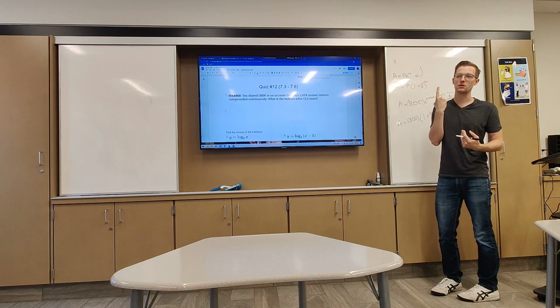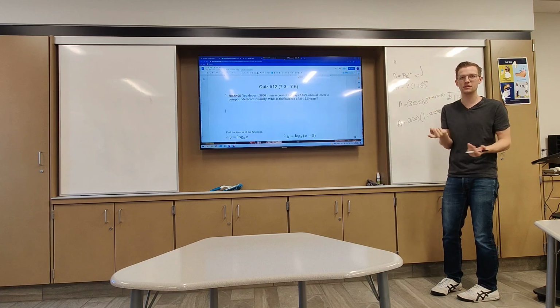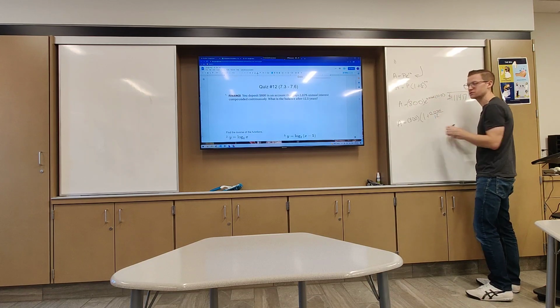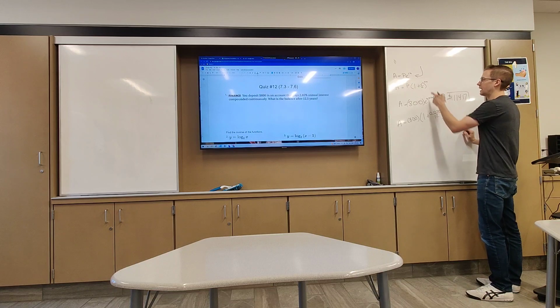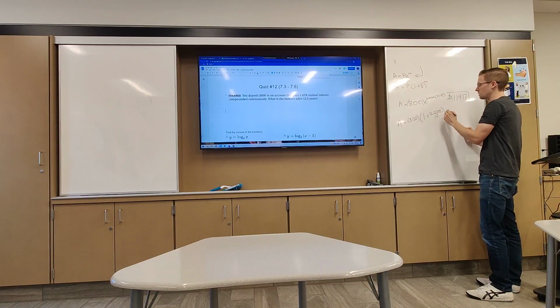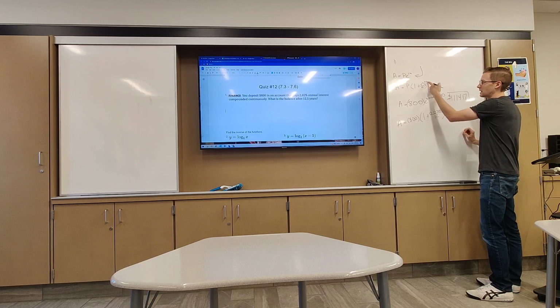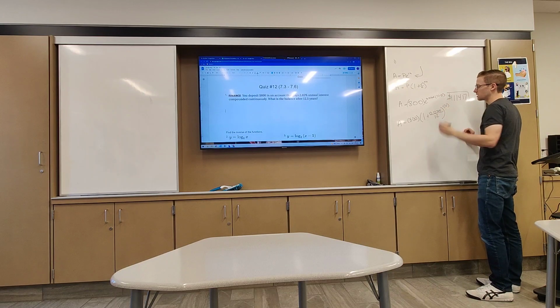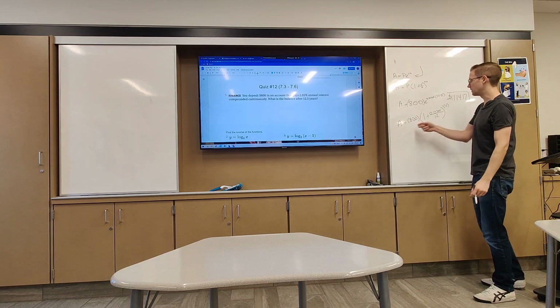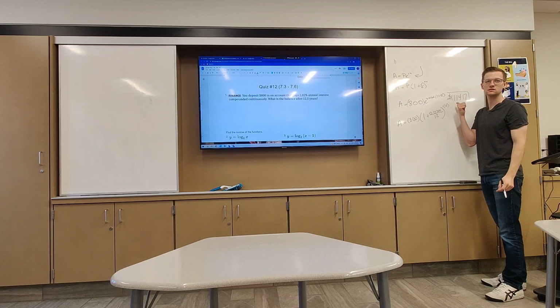Because it's only for 1 year and it's every month, then N is equal to 12, the number of times that I compound. And then time would just be 1 year. And so that would be your equation. And this number would be slightly less than this.